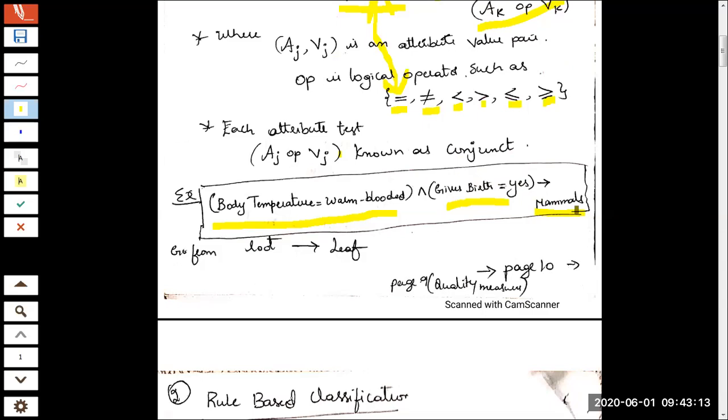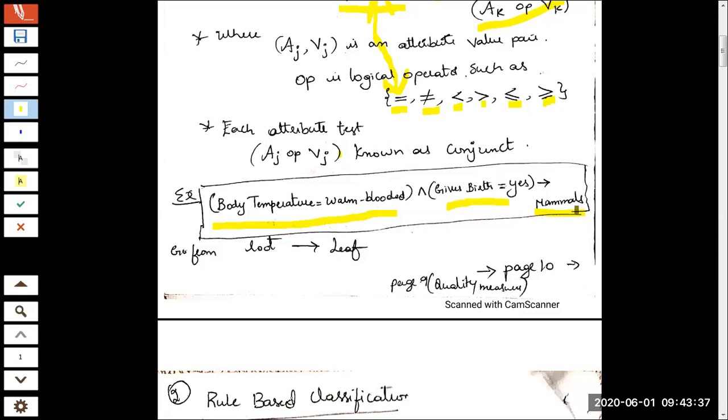That decision tree would help us decide whether the new species would belong to a mammal class or a non-mammal class. How the decision tree was constructed, what attributes were identified, how the tree was taking us to different branches, all these things we had explored in detail in the previous sessions. So we had seen this in the context of a decision tree.